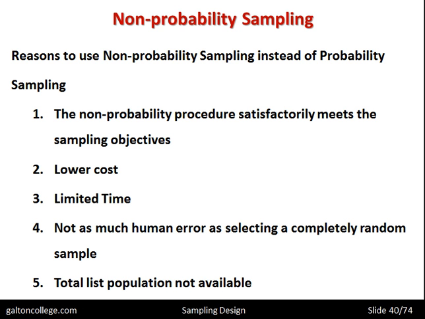With non-probability sampling, the total list of the population is not needed. With non-probability sampling, it just means finding people to answer the questions or get engaged in the process. With random sampling, we'd need a list of everyone, and that may not be available.